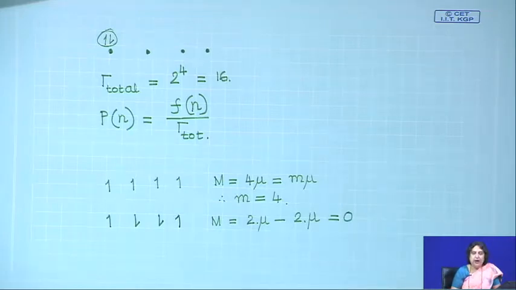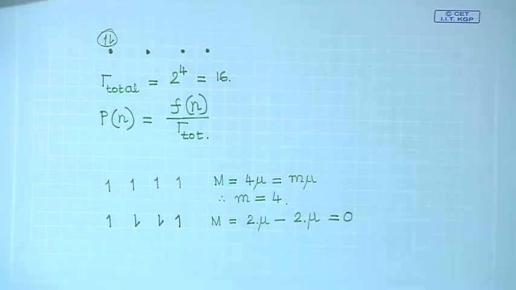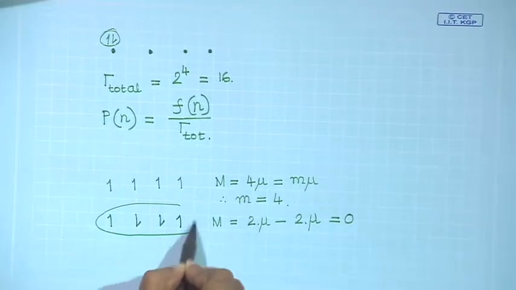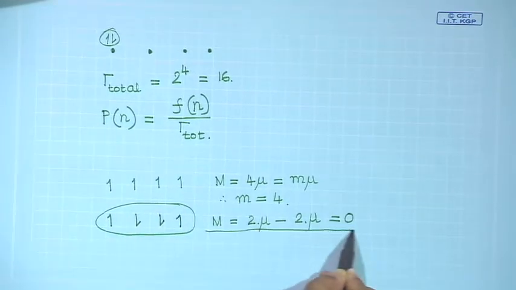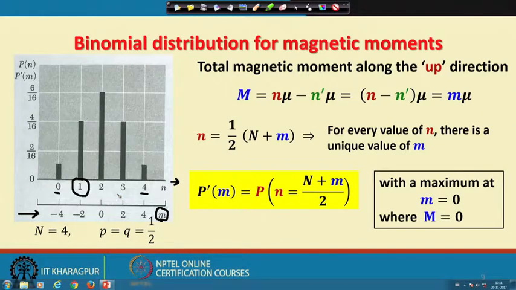Therefore, this microscopic state is associated with capital M equal to 0. Therefore, small n equal to 2 is associated with small m equal to 0.